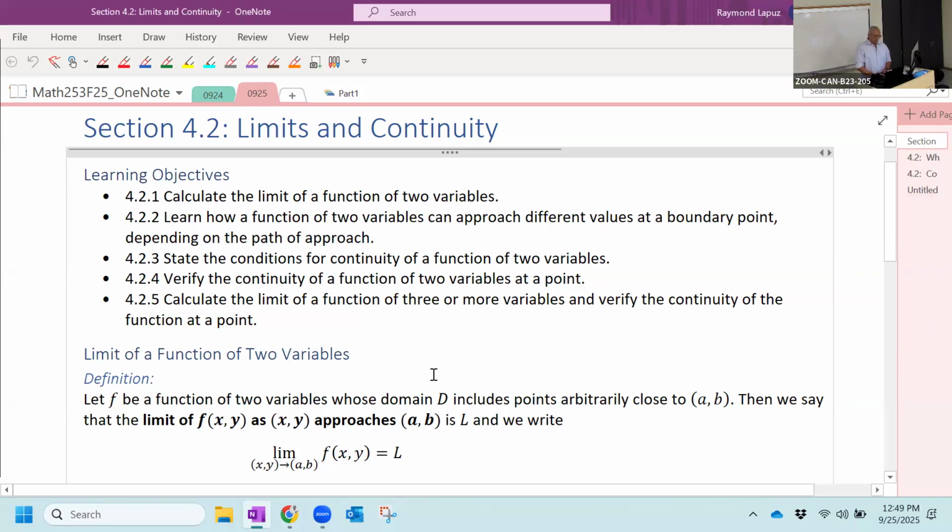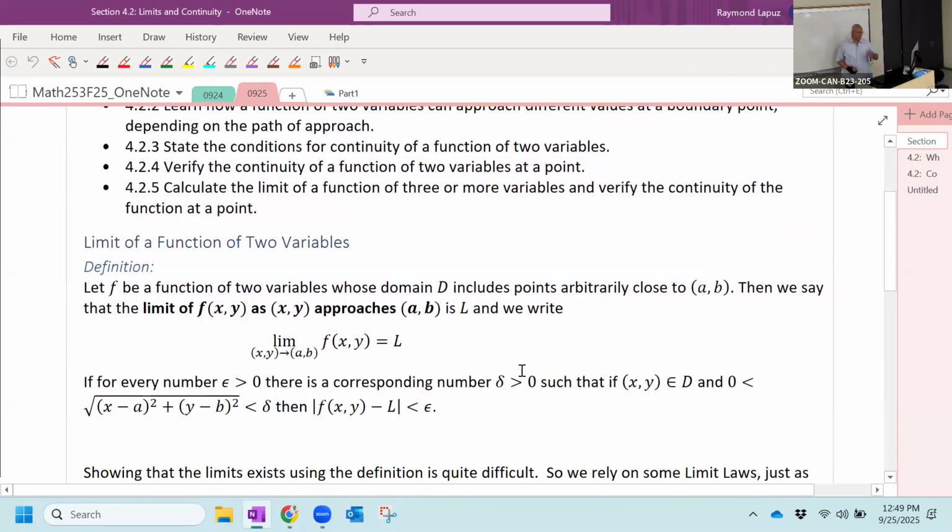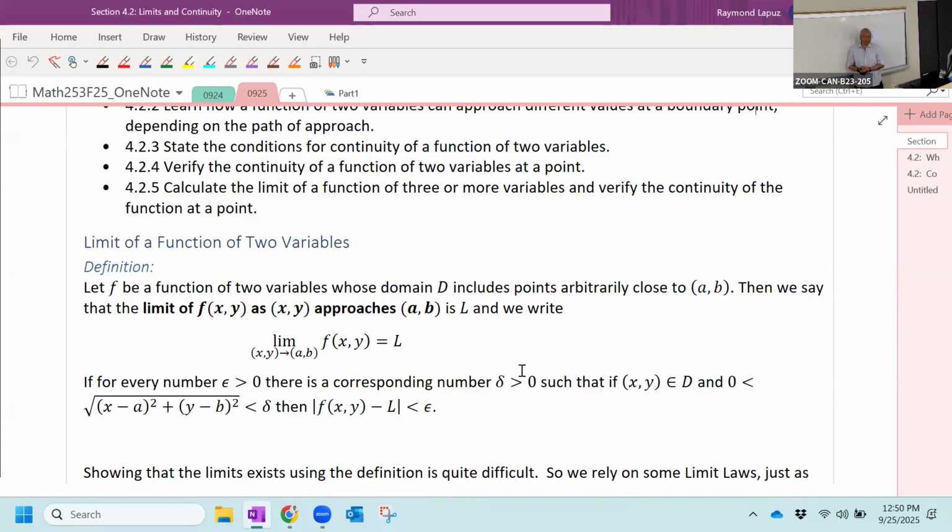All right. The formal definition of a limit. So f is a function of two variables, and D is going to be the domain of this function. And then we want to include things that are near a specific input point (a, b). Now, we say arbitrarily close to say that the function does not have to be defined at (a, b) for the limit to exist.